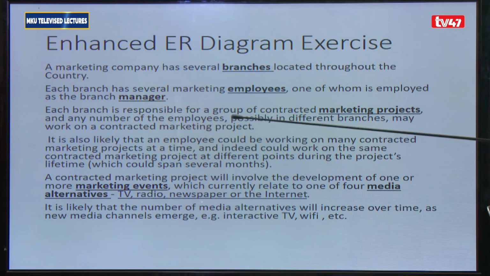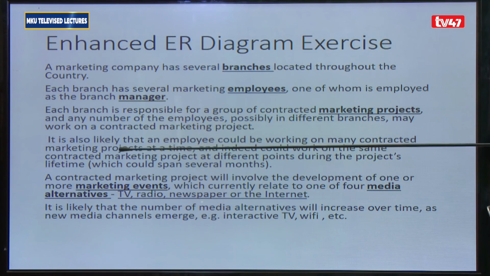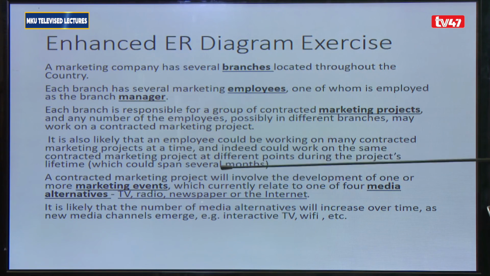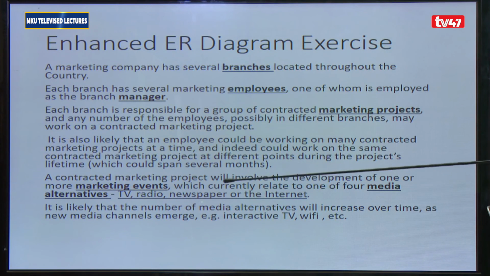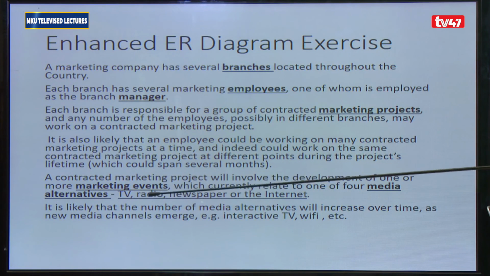Each branch is responsible for a group of contracted marketing projects. So we'd like to keep data about marketing projects. And we are told employees work on many contracted projects, and this applies to the marketing projects. Then in this paragraph, we have marketing event.